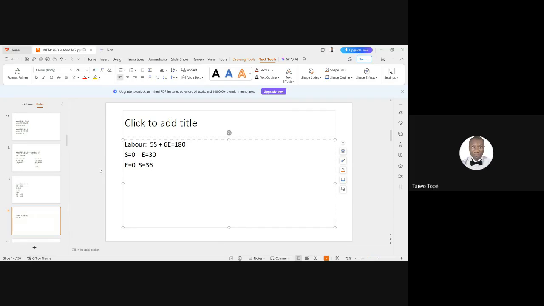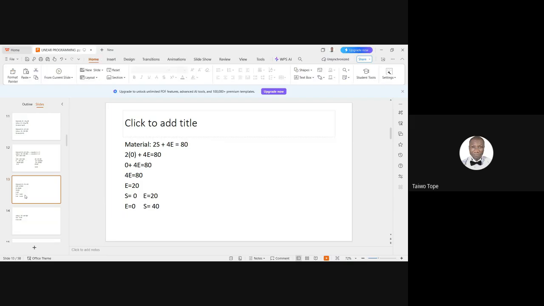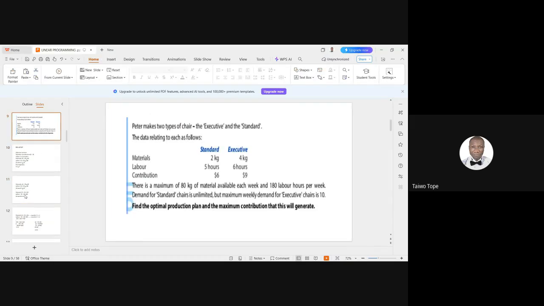Okay, I can see. I'm looking at your work. You've done very good work in terms of the solution table, because the question is asking for the maximum contribution this will generate.